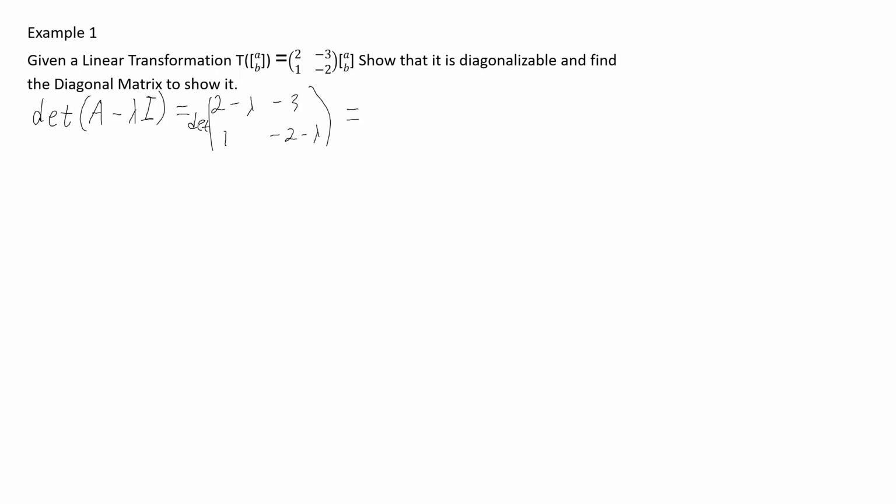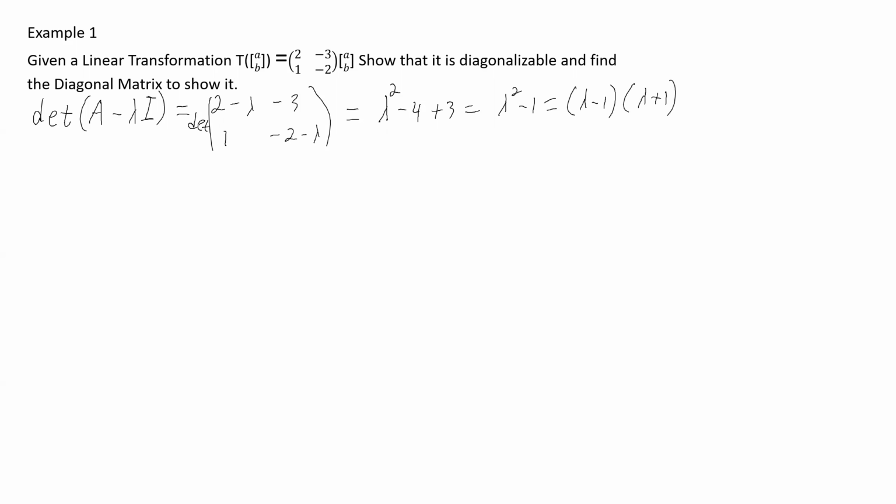Seeing that we have a difference of squares there, the first diagonal multiplication will give us lambda squared minus 4. Then we're subtracting -3, so +3, which gives us lambda squared minus 1. That's also a difference of squares, which is lambda minus 1 times lambda plus 1.